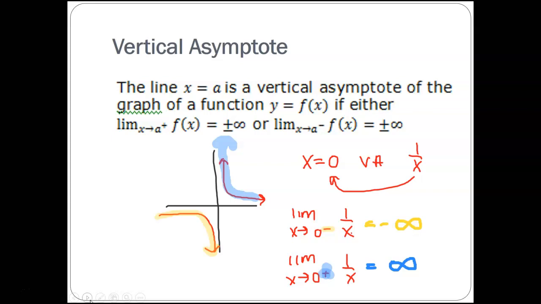If the limit as x approaches a number, whether it's from the right, the left, or just the number in general, is equal to an infinity, that tells us we have a vertical asymptote. That's what that statement is saying.